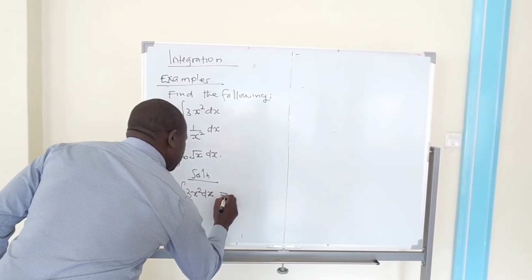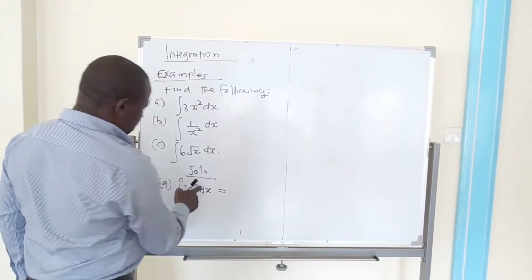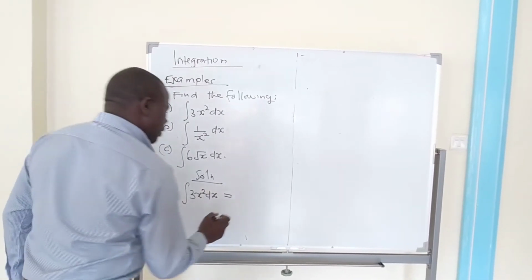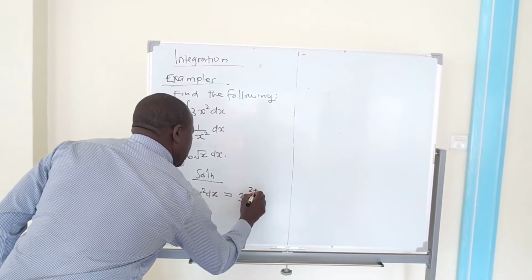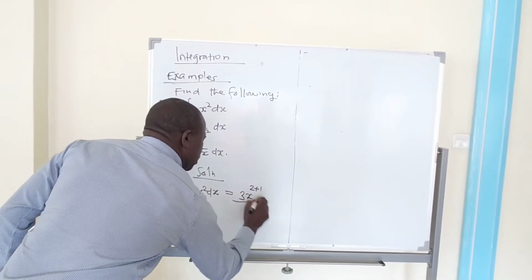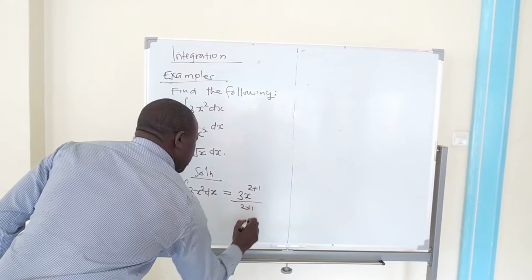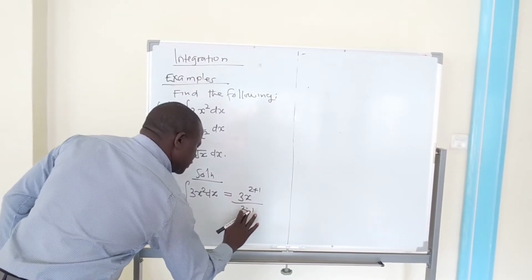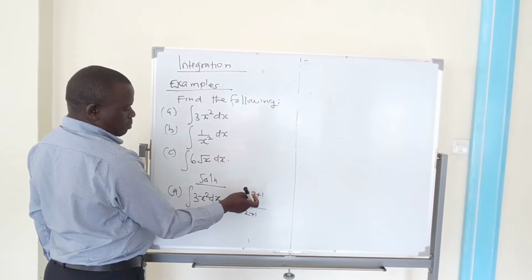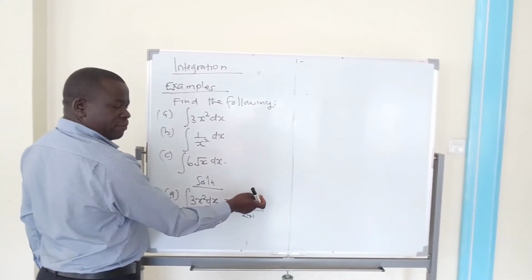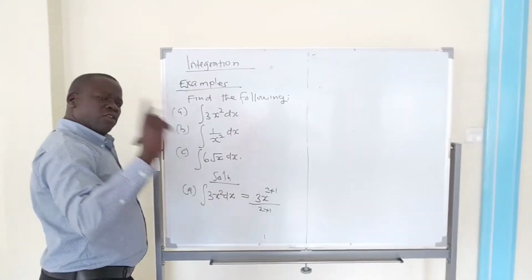The result says I'm going to add 1 to the power, which means I have 3x to the power 2 plus 1. I divide by the new power, which is 2 plus 1. And once I've done this, the integration is already done.